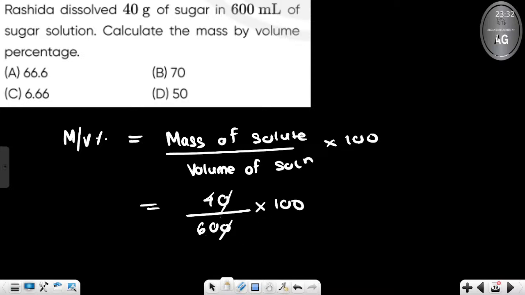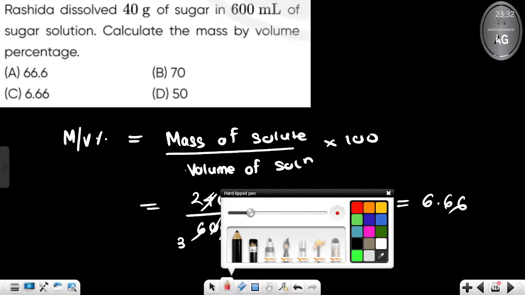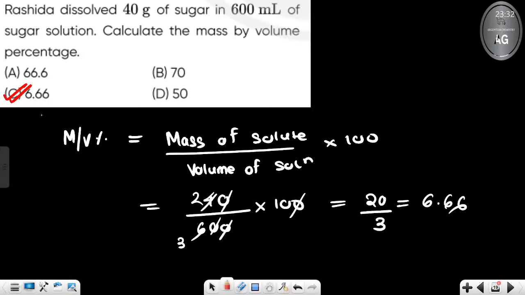The zeros cancel, the 2 and 3 remain, so it is going to be 20 by 3, which is 6.66. So that's option number 3, right? 6.66, so option number 3.